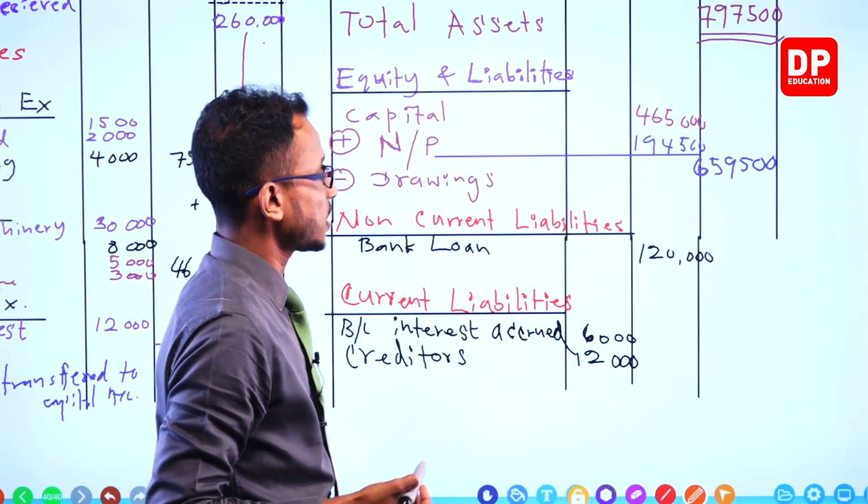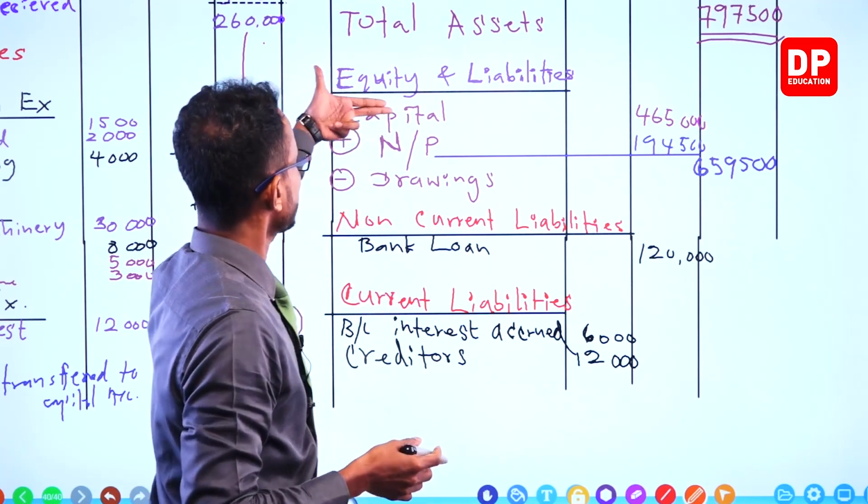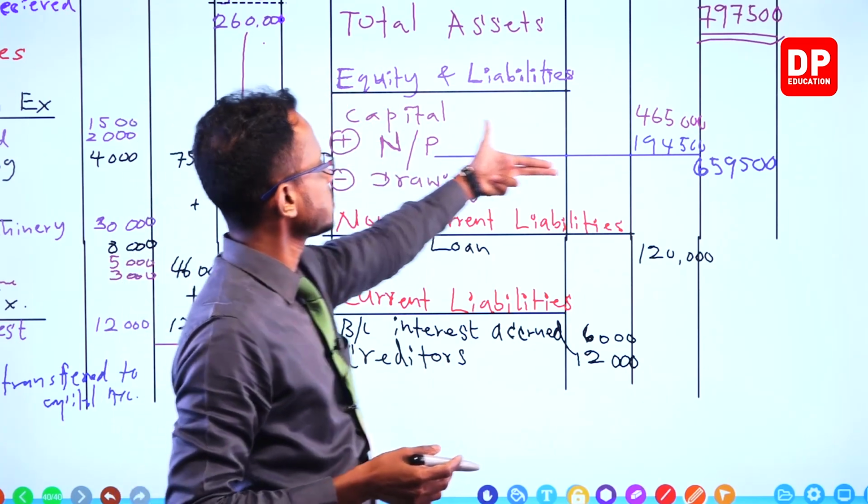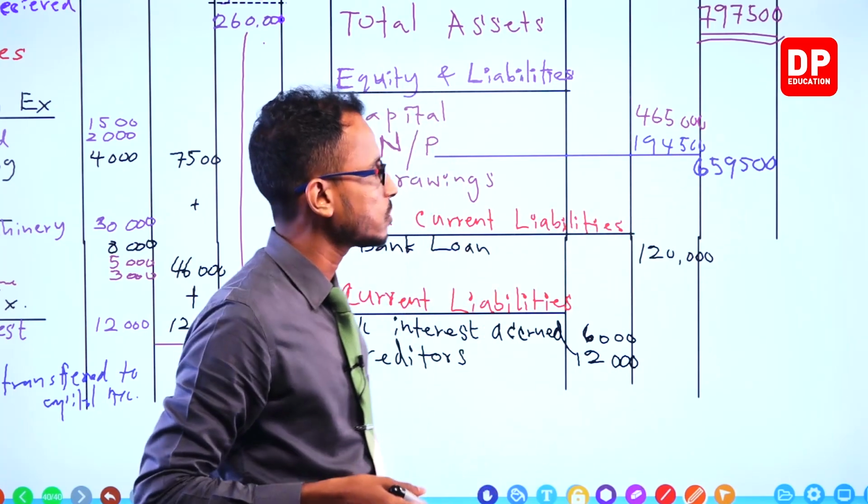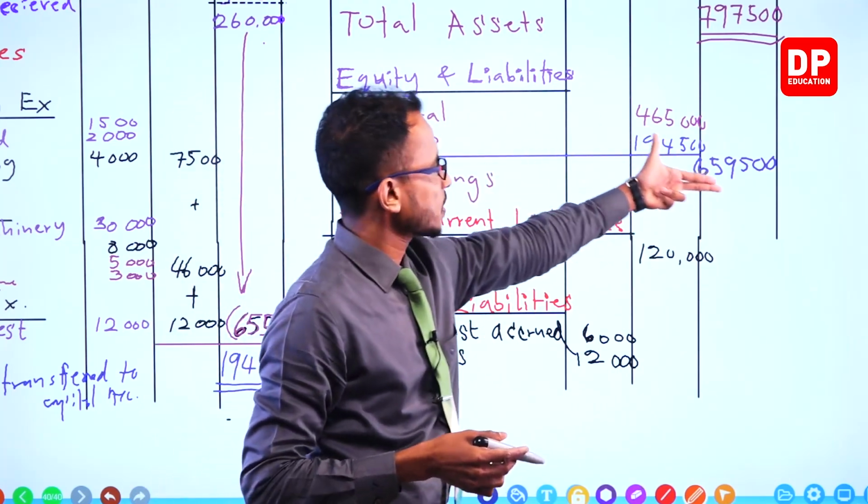That is the addition of the capital section. No drawings are given in this question, so capital plus net profit 659,500.